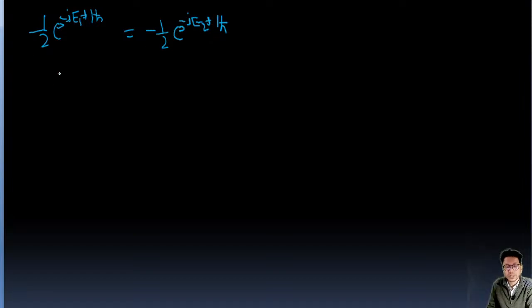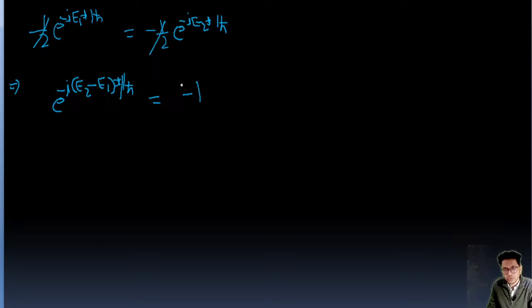So this will go here in numerator, and the one by one will get cancelled. So it is going to be e to the power minus iota e2 minus e1 t upon h cut is going to be equal to minus 1.